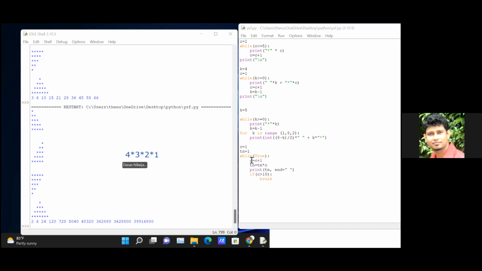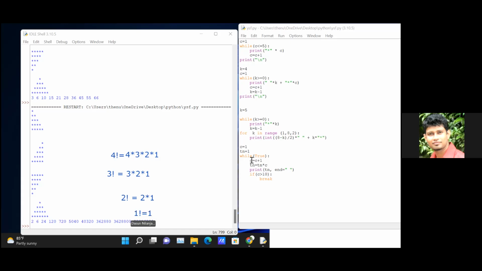You write this as factorial 4, equal to 4, 3, 2, 1. So factorial 3 is equal to 3 multiplied by 2 multiplied by 1. And factorial 2 is equal to 2 multiplied by 1. Factorial 1 is equal to 1.